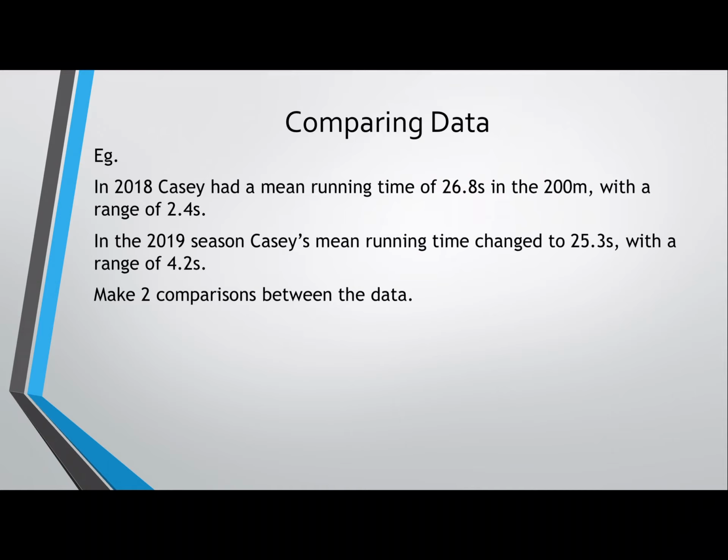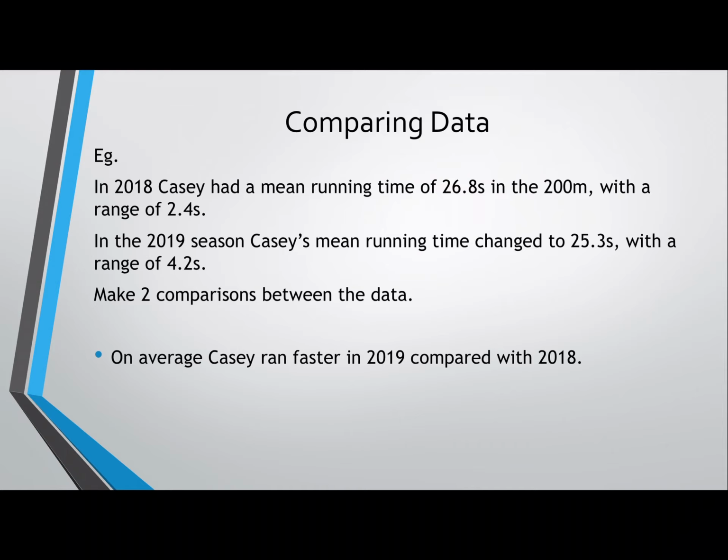So a good sentence, an example of one, would be: on average, Casey ran faster in 2019 compared with 2018. Because the mean running time was smaller, that means faster. So 25.3, smaller, better when we're running, compared to 26.8. So we've got a good sentence there.